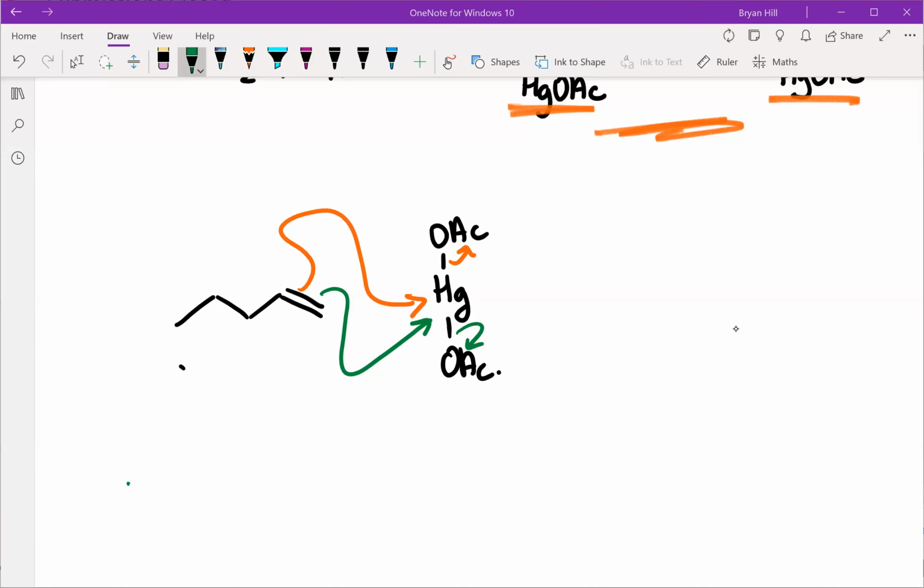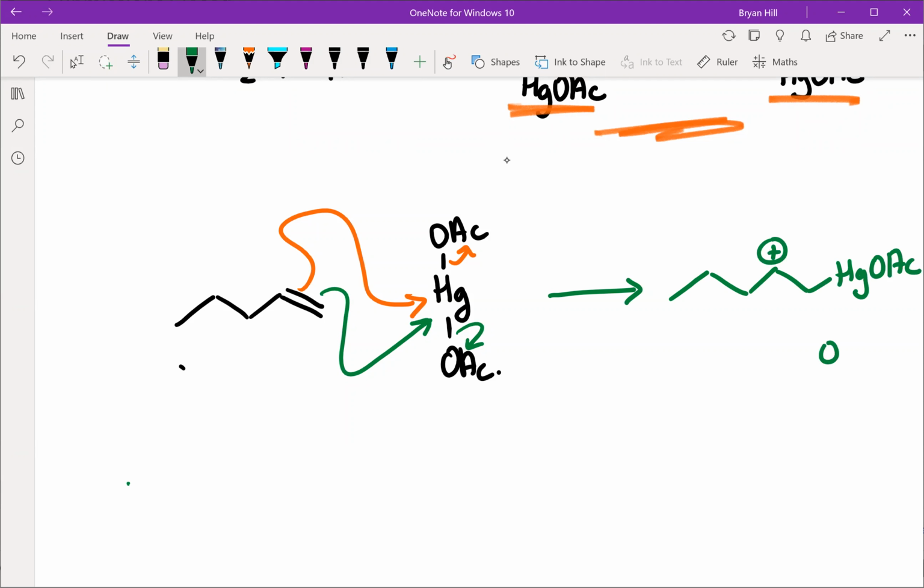Green. Okay, so if we draw the green arrow, our intermediate is going to look like this: HgOAc positive charge, OAc minus. So we would put the positive charge on the more substituted carbon, right? The green arrow is looping towards the carbon on the end, so that means the positive charge will be on the middle.